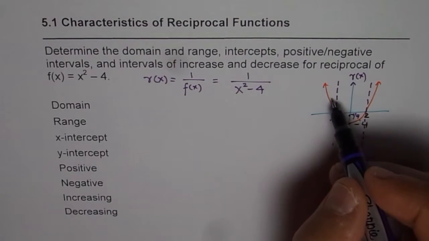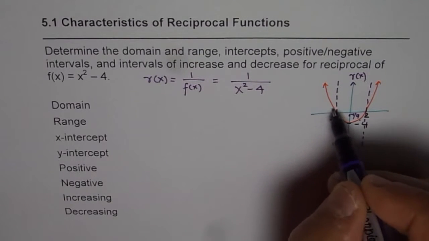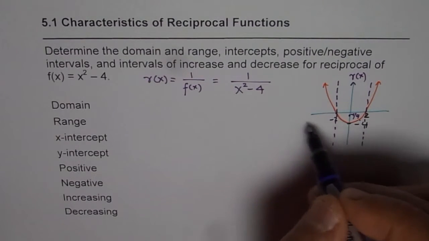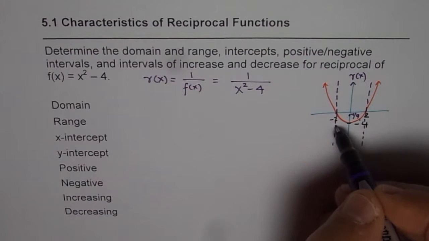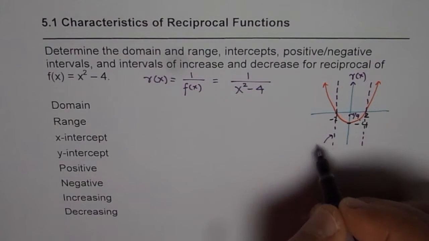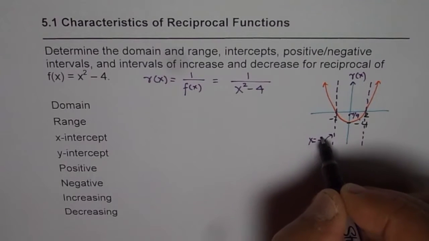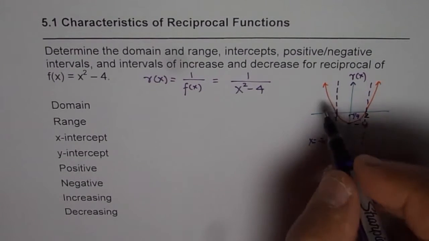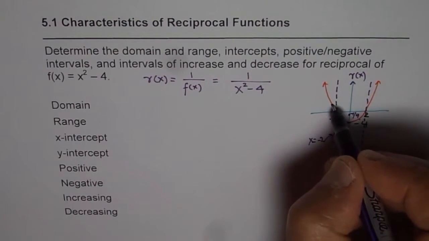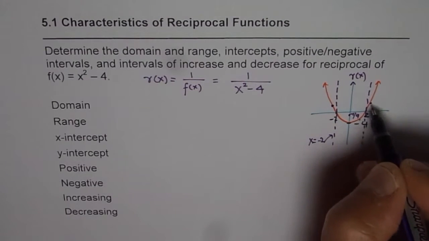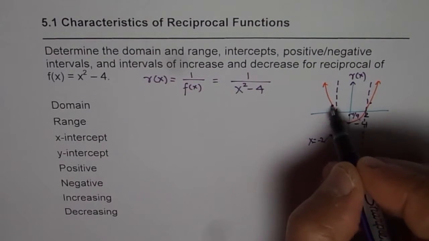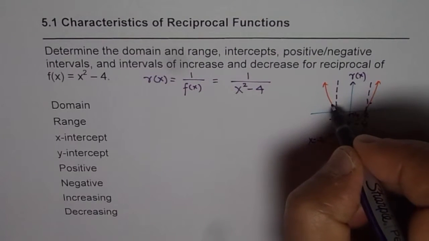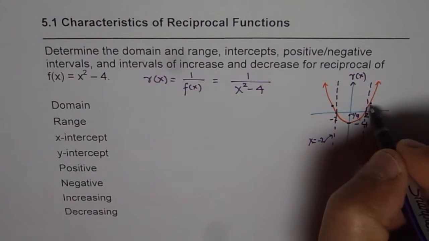So on this side, which is the left side of the first vertical asymptote, let me call this vertical asymptote at x equals minus 2, where the graph is positive, the reciprocal will be positive, and wherever the value is 1, let us say these are the values which are 1 for the function. These are the invariant points. So at this point, we'll have a common point between the reciprocal and the function.